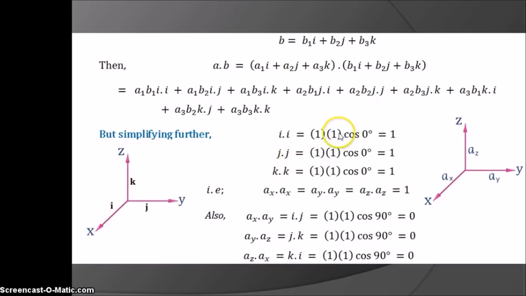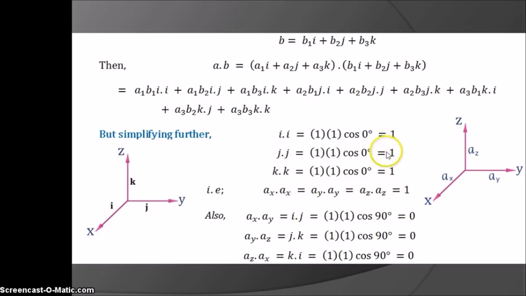When you perform this operation in a calculator, you have 1. Same thing goes for j dot j, 1, k dot k, 1. In other words, ax dot ax, which is i dot i, ay dot ay, which is j dot j, az dot az, which is k dot k, equals 1, as we had.